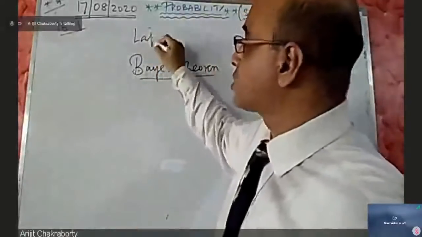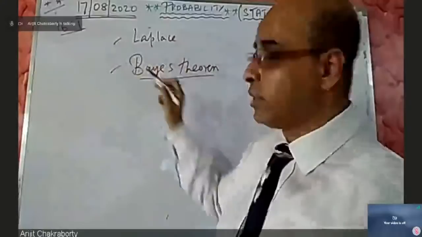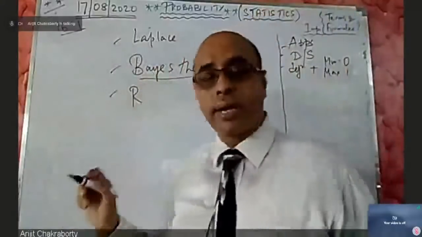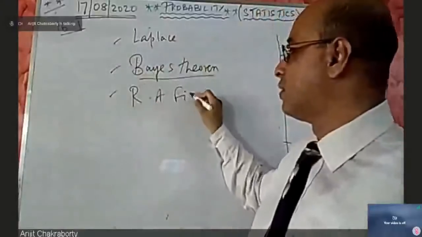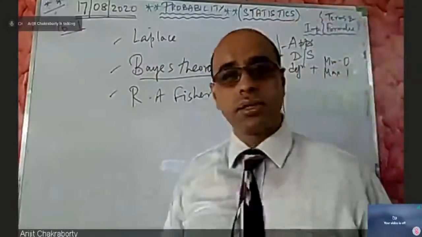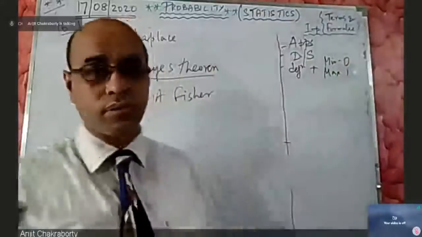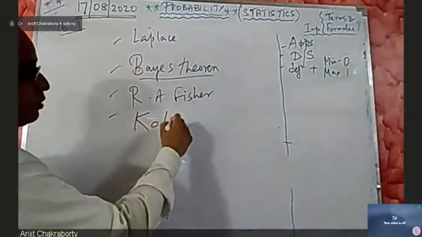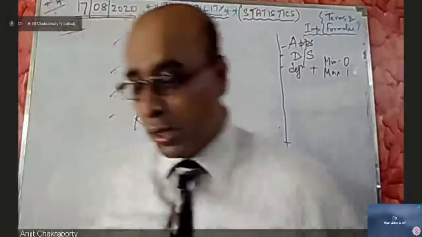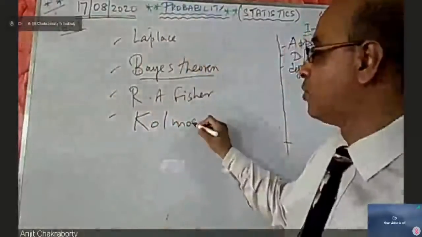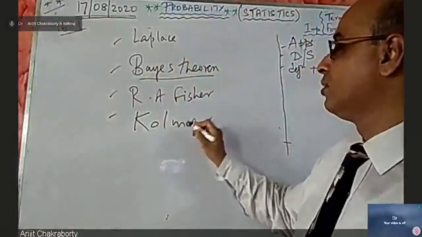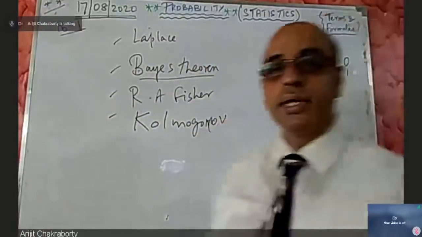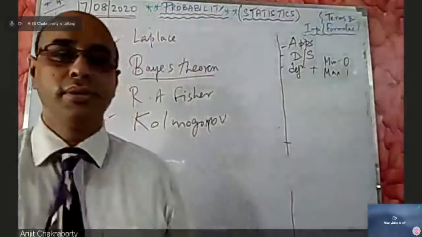We have Laplace, one of the founders. Then we also have Fisher, a very well-known mathematical expert, R.A. Fisher. He's from England, and he was one of the first to start the idea of probability. And we also have Kolmogorov, who is from Russia.